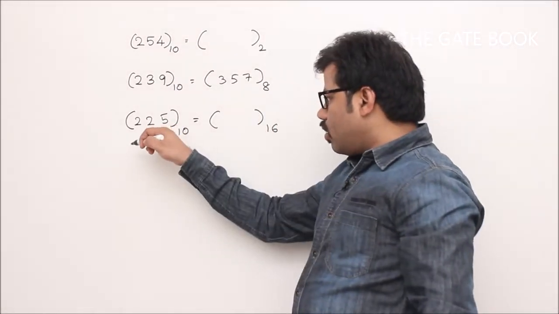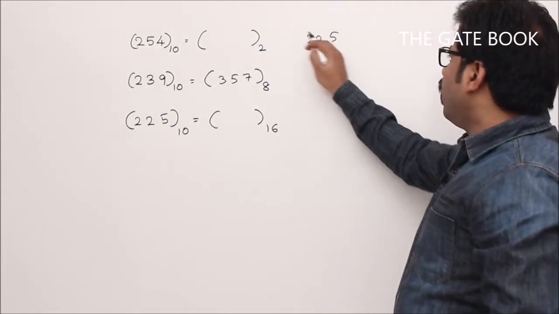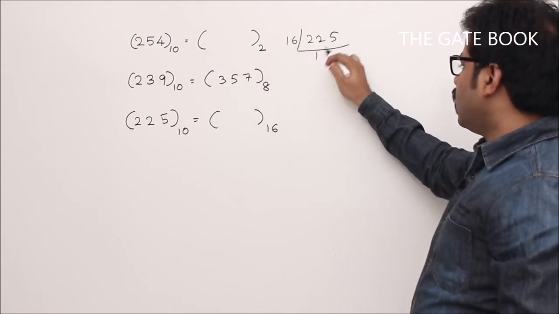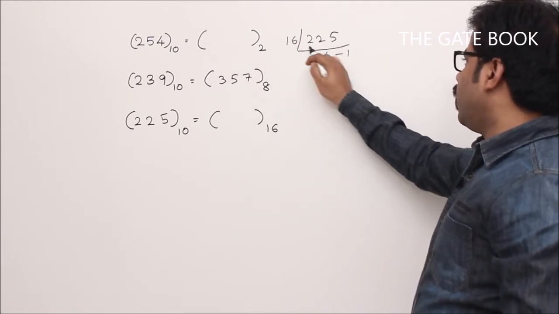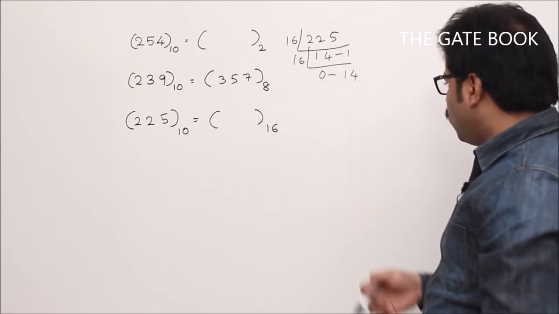Now we'll see decimal to hexadecimal. Let's take 225 and divide by 16. 16 1s are 16, 65, 16 4s are 64, remainder 1, 16 0 is 0, then remainder is 14.